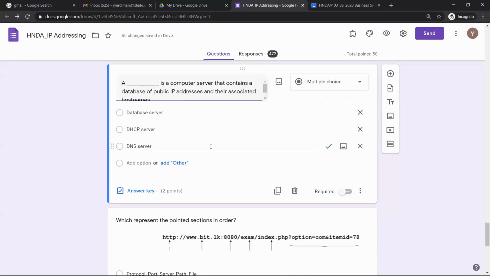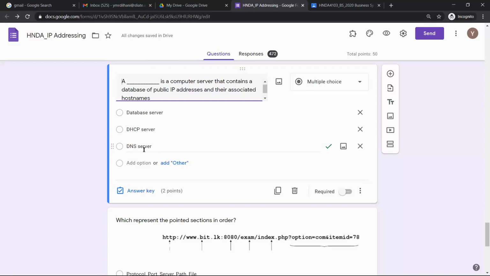And here, okay, a blank is a computer server that contains a database of IP addresses and their associated host names. So this is called a DNS server. So we have already discussed the domain name system and the domain name, and now we have come to the DNS server.